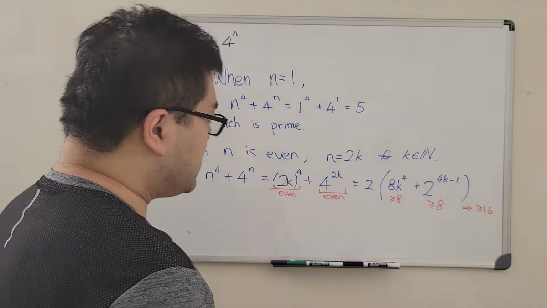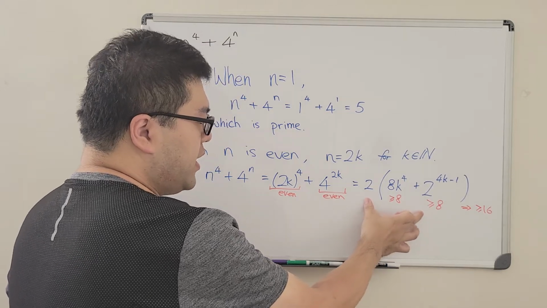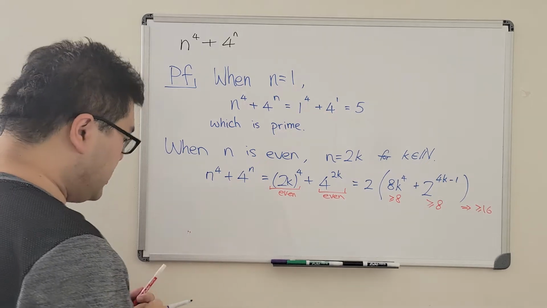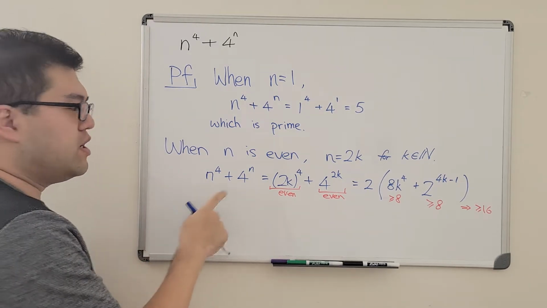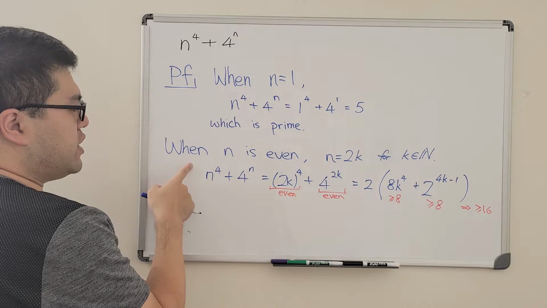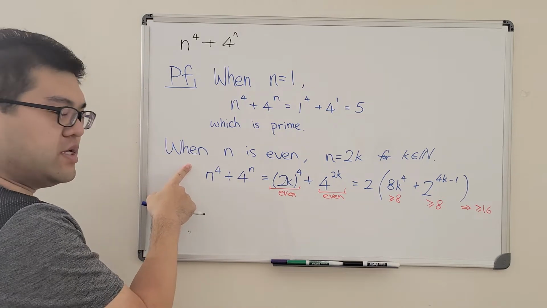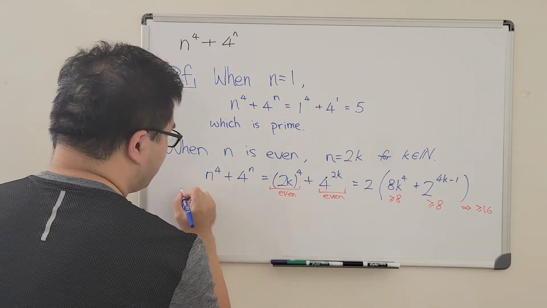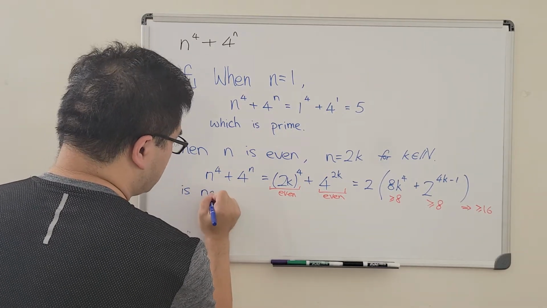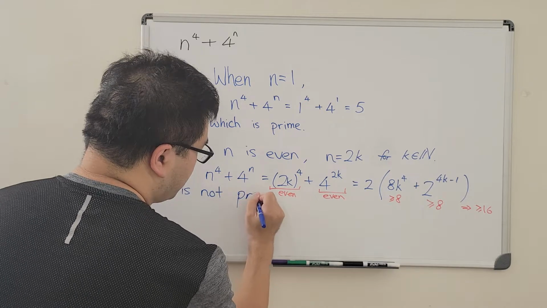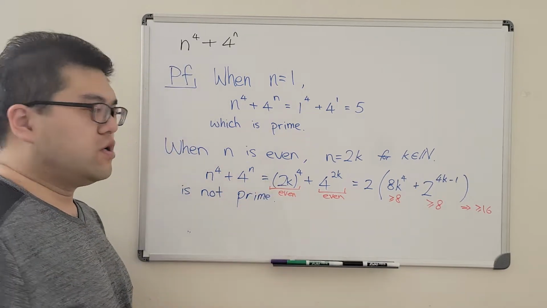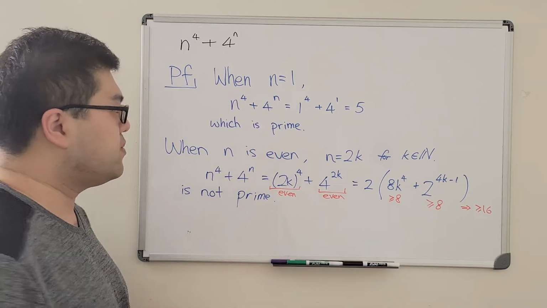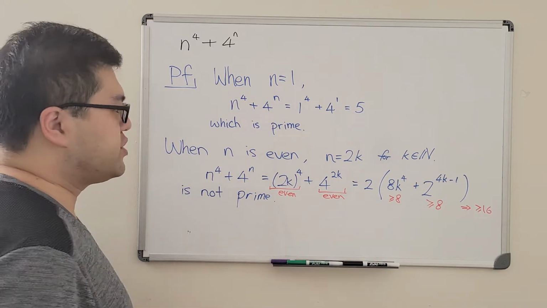And since this is a product of 2 integers greater than 1, it means that in our case, when n is even, this is not prime. All right. Well, since the board is already filled up, I'm going to erase it and then finish with the last case.